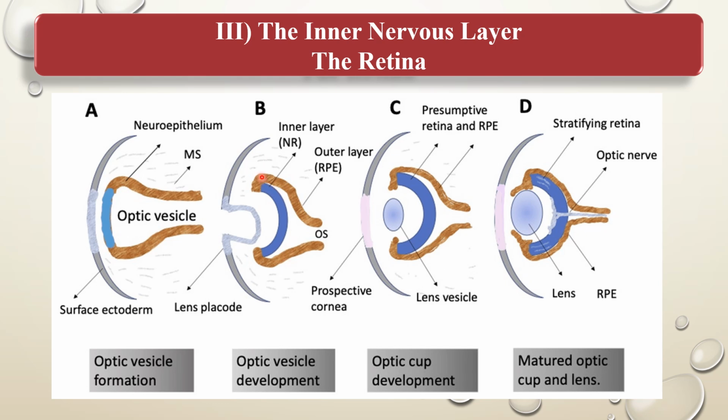So this is the outer wall, formed only from the retinal pigmented epithelium, while the inner wall is formed of the rest of the layers of the retina, as we see.